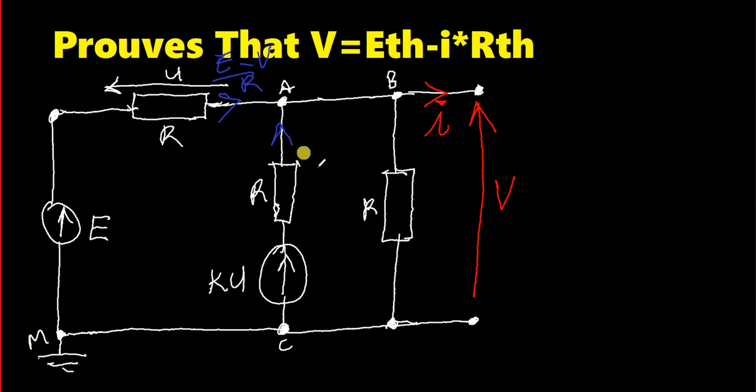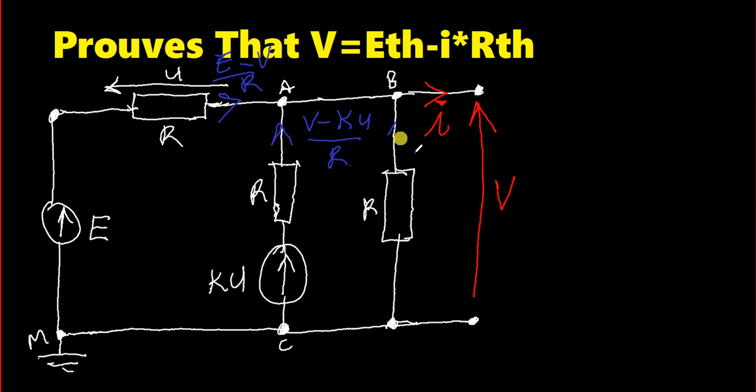So the direction of current will be looking up like that, and in that regard the current flowing through that resistor will be V at the higher potential, which is here the output voltage V, minus K U divided by R. As well as the current flowing through this resistor here, the direction will be, let's say, up.